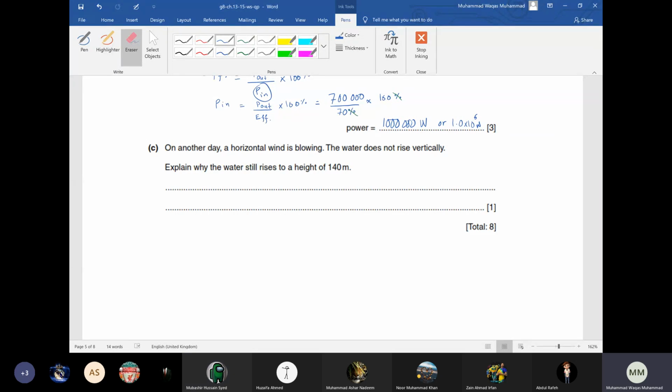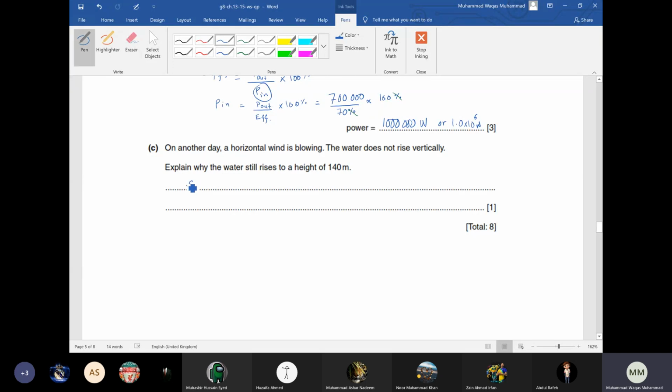So this is horizontal wind. Horizontal wind has no effect on the potential energy gained, or you can say the vertical force on the water. The same upward vertical force acts on the water, right?